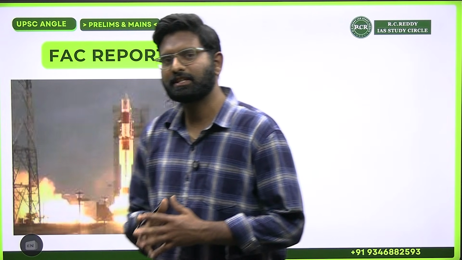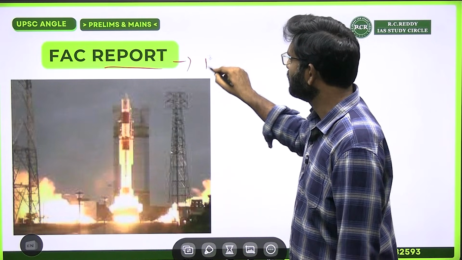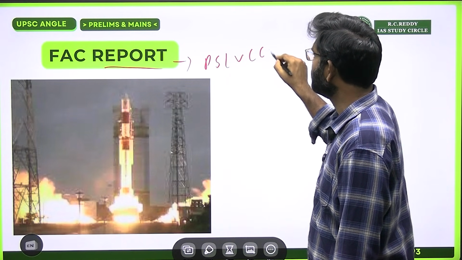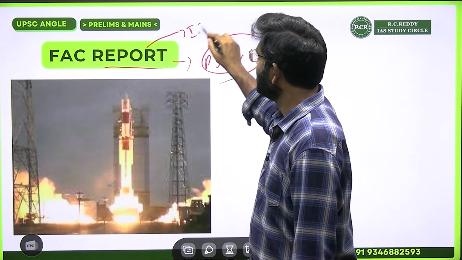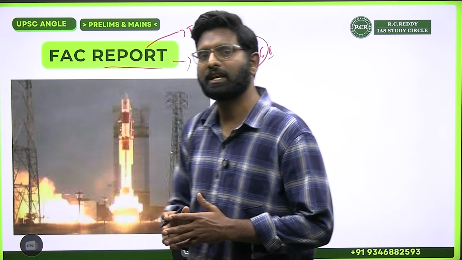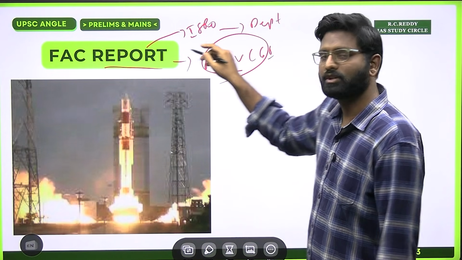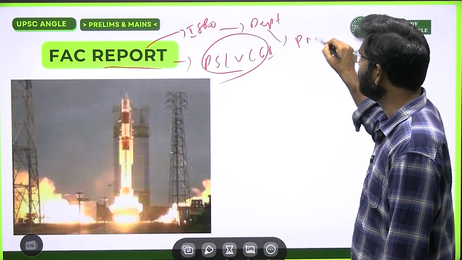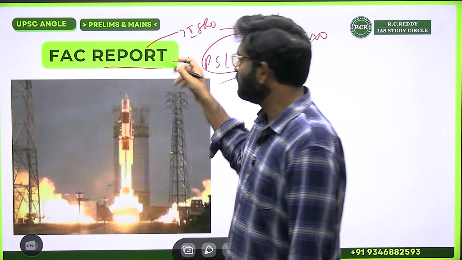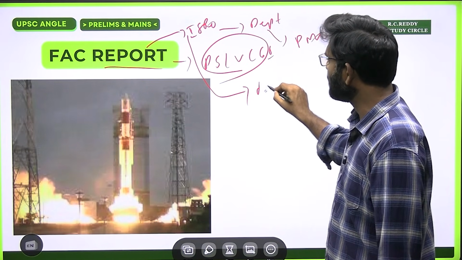A failure analysis committee was constituted by ISRO after the PSLV C61 failure. It submitted its report to the Department of Space. ISRO's chairman will be secretary to the Department of Space, which works under the PMO. ISRO, or the Department of Space, did not make it public.